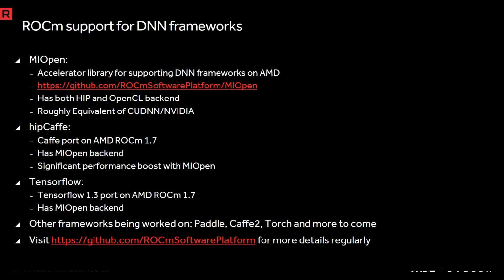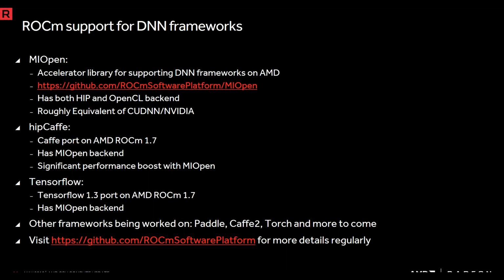We realized the importance of that, and came up with MIOpen. Our brand name for AMD GPUs for machine intelligence is the MI cards. So MIOpen is roughly the equivalent of cuDNN on NVIDIA. It is an accelerator library supporting DNN frameworks on AMD GPUs. The link is there; you can search for MIOpen on Google.